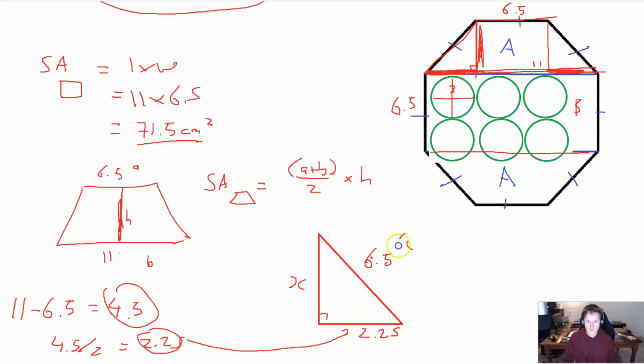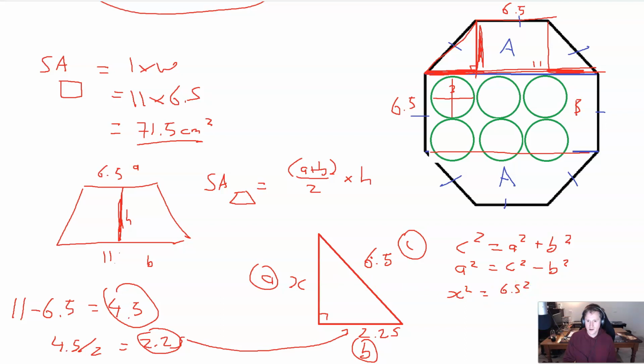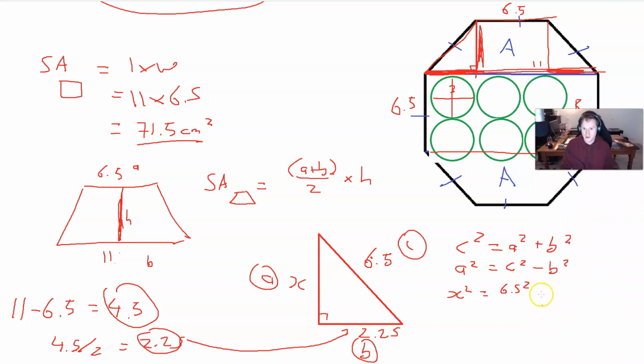Okay. So I've got my hypotenuse. I've got my a and b. So c squared equals a squared plus b squared. Rearrange that. A squared equals c squared take away b squared. So that's my unknown is equal to 6.5 squared take away 2.25 squared.